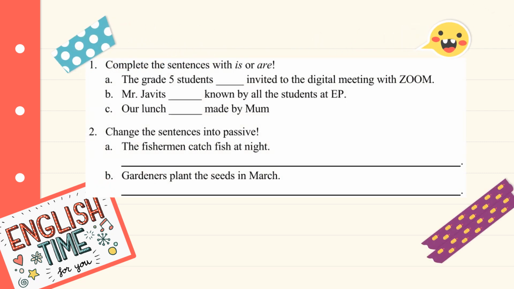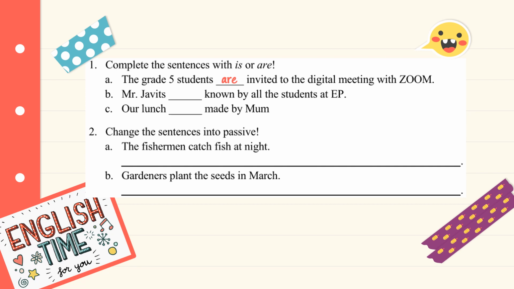Okay, grade 5. Now let's answer the questions. Number 1. Complete the sentences with is or are. What's your answer for A? The grade 5 students. Let's see. How many students are there? More than one. So, the answer must be are. Very good. B. Mr. Javits.